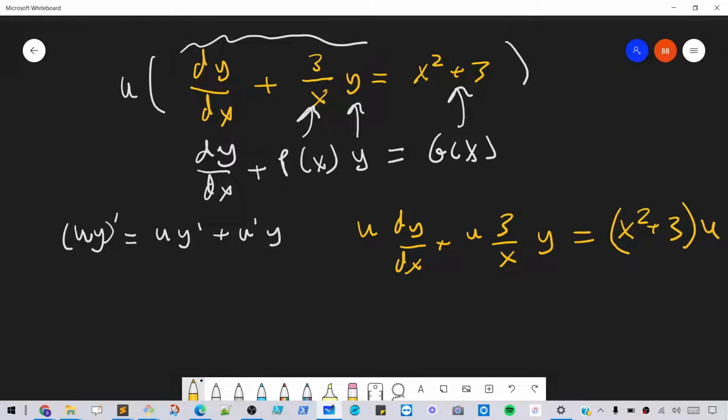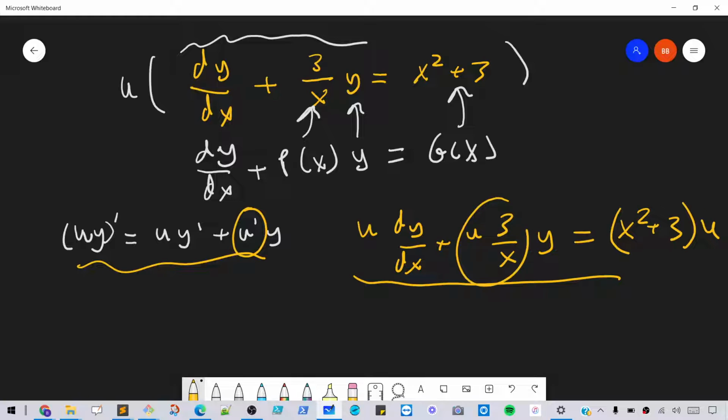So our first step is to find out what u is going to be. And we notice that now this form matches this form, well, on the left side. So if we're going to match it up totally, we have our u and dy matching, but we want this piece to match with this piece. So this piece has to be u prime.